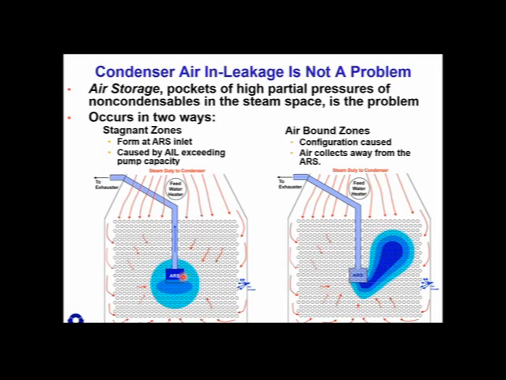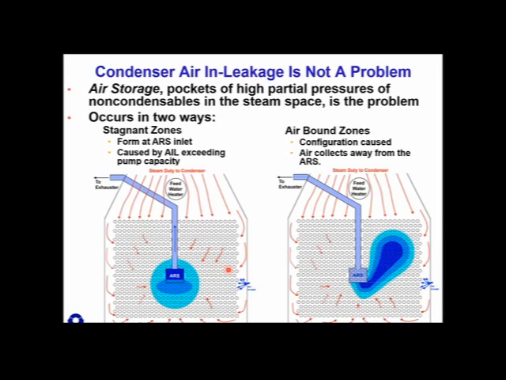When air leakage is low, this bubble gets smaller. If the vacuum pump capacity is a problem, I don't know, the pumps have a leak or the pumps have a problem, then this air binding will increase. It has the same effect as a high air leakage. If you turn on a second exhauster, you may shrink that bubble. So stagnant zones form from high air leakage or poor pumping capacity.